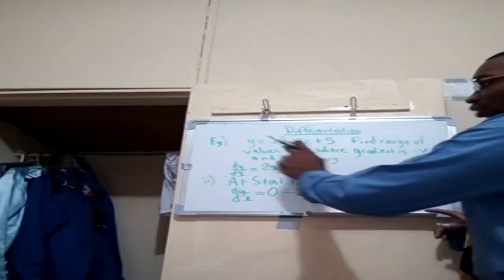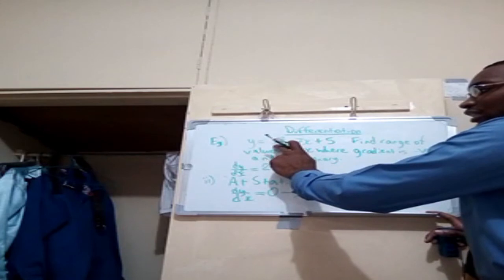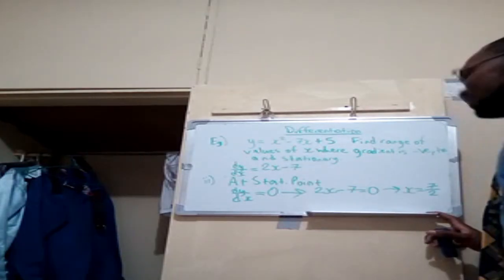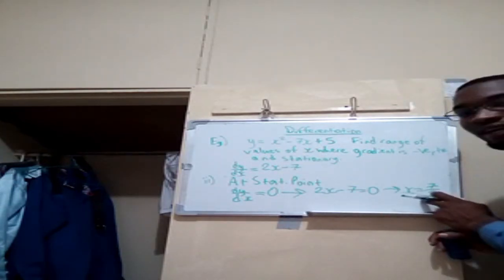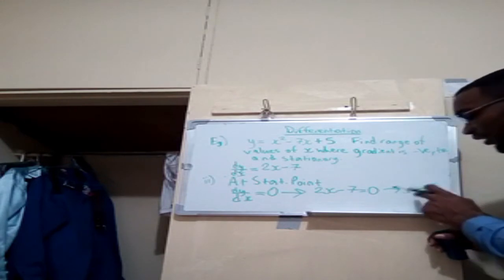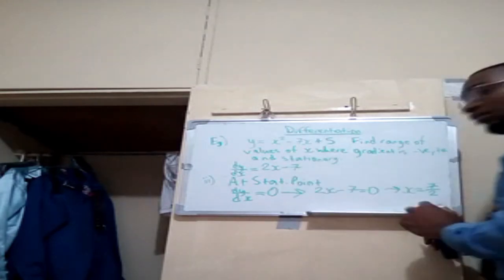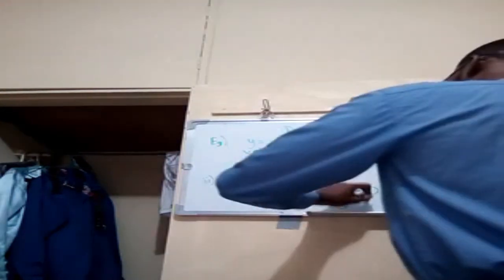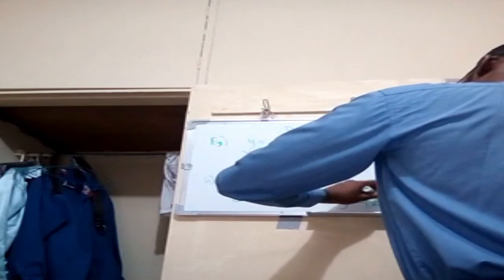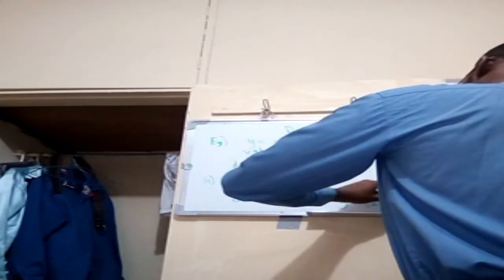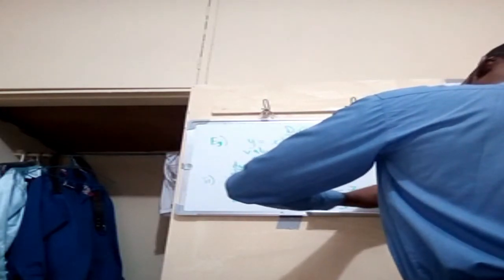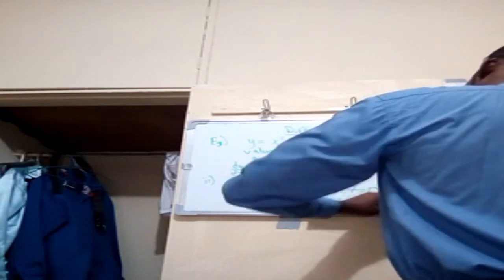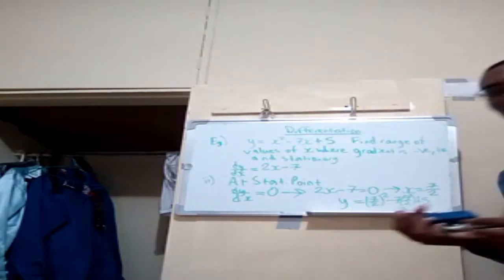We look back at the function, y is x squared minus 7x plus 5, and plug this x value back into it. So y is equal to 7 over 2 squared minus 7 times 7 over 2 plus 5.